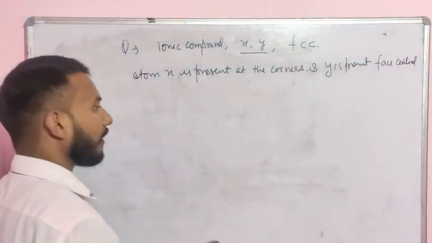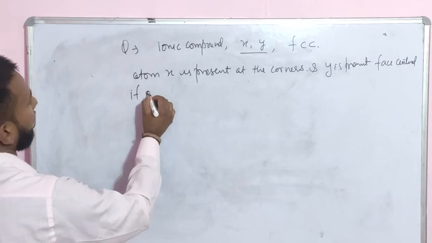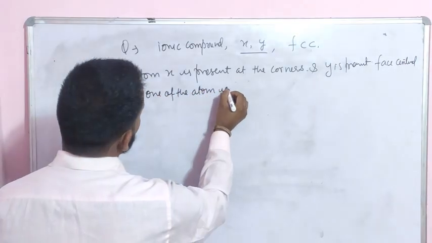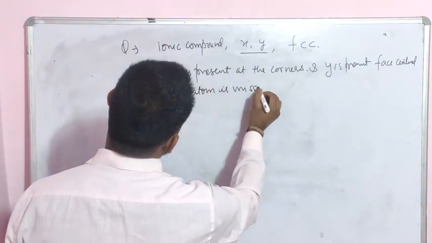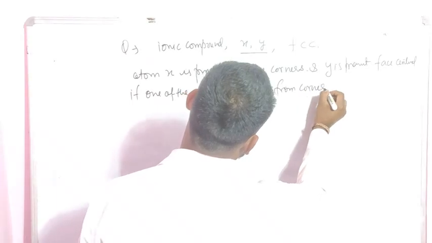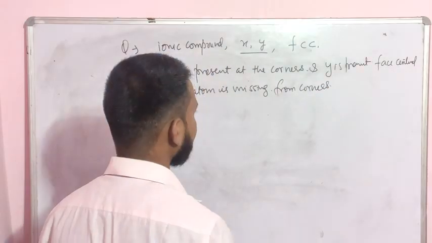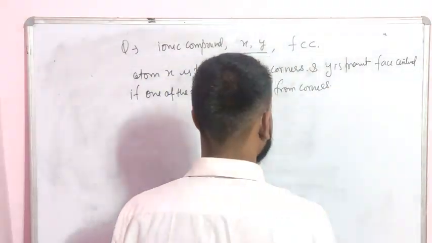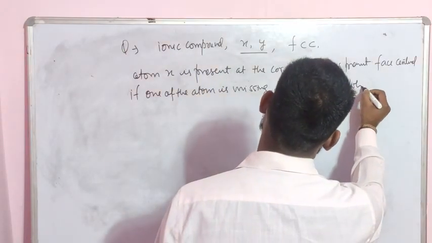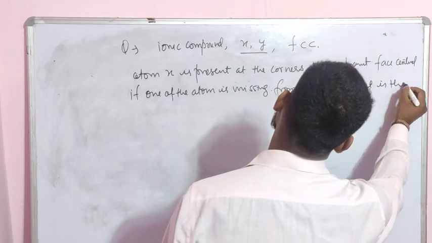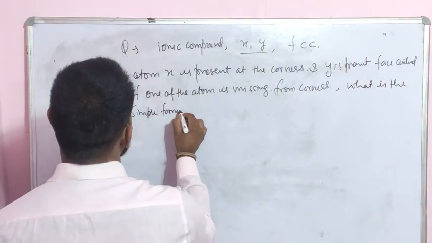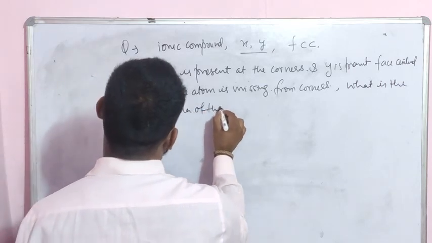If one of the atoms is missing from the corners, what is the simplest formula of the compound?